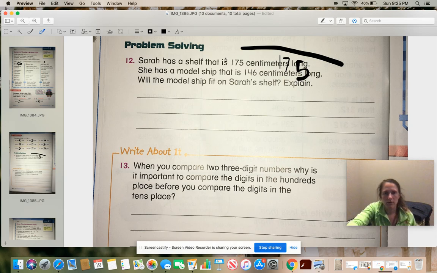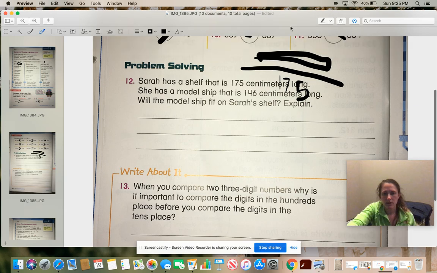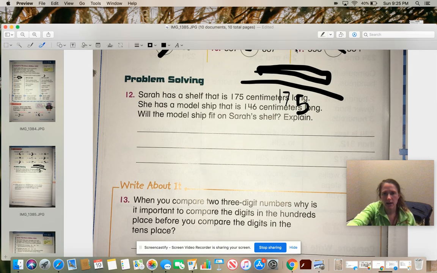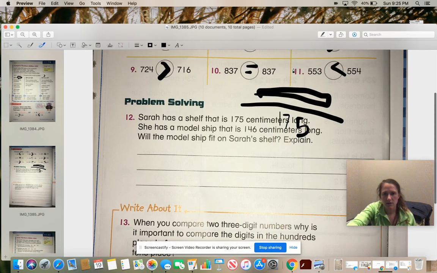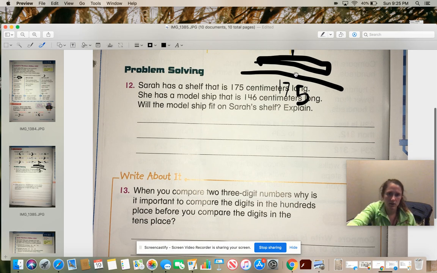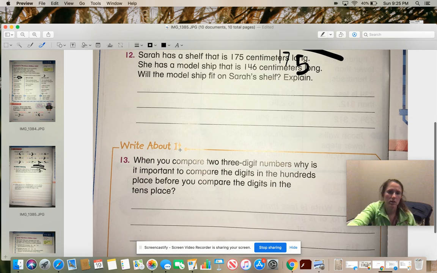So this is her shelf. Her ship is 146, so that's smaller than 175. So her ship should fit. My ship's not such a good ship. Put a flag. Remember, we talked about how Miss Piszczyk's drawing skills are maybe not the best. There's my ship. So yes, the ship would fit on Sarah's shelf because the ship is shorter than the shelf is.